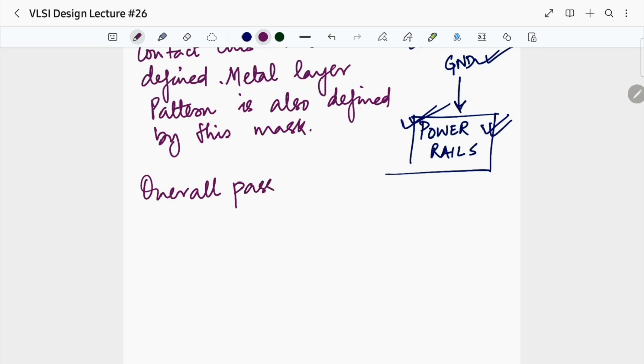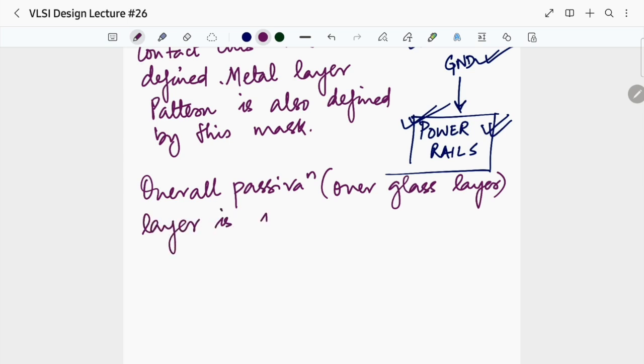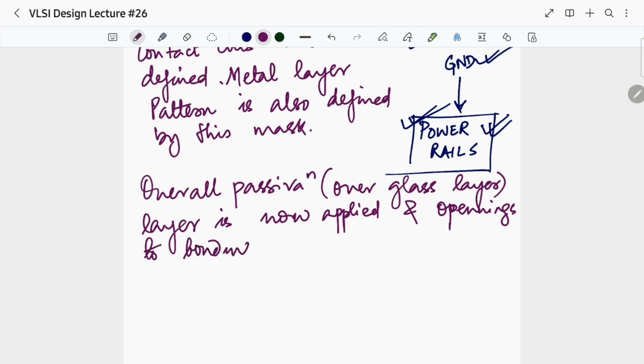Overall passivation, that is over glass layer, is now applied and openings to bonding pads are defined.